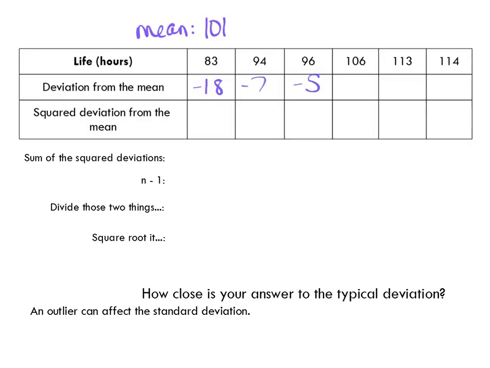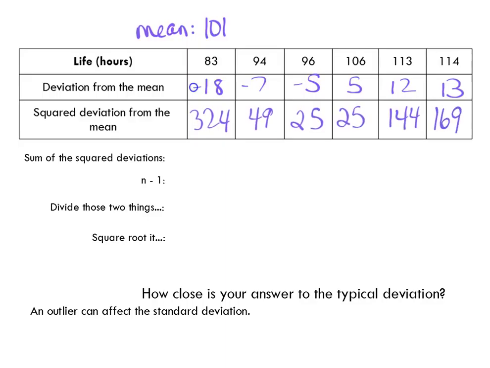I'm looking at my list. Alright, those are just the differences between the average and the actual life of each battery. Then we're going to square each one. Some of these you can do in your head, some of them not as easy. There we go. Now we want to add all of them up.